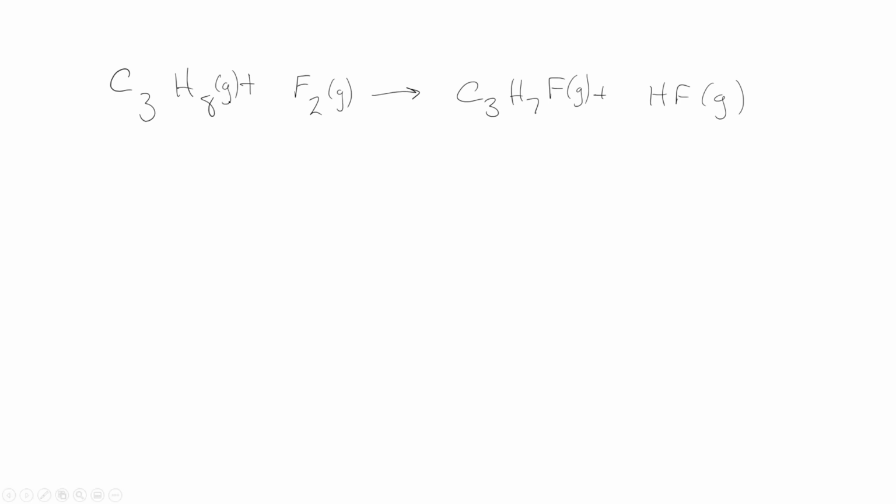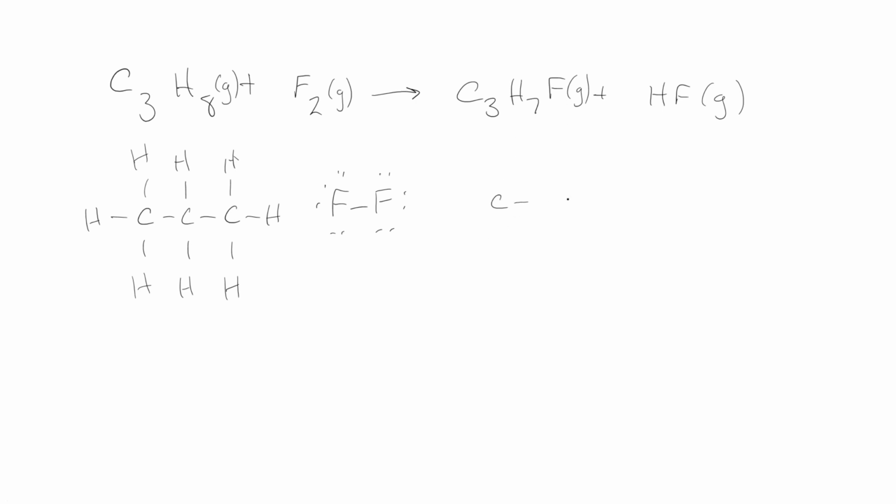We can take a look at this reaction in terms of its bonds. C3H8 looks something like this, where you have a straight carbon chain with 8 hydrogens coming out of it. F2 looks like this. You have a single bond, and then you have fluorine, just connected like so.